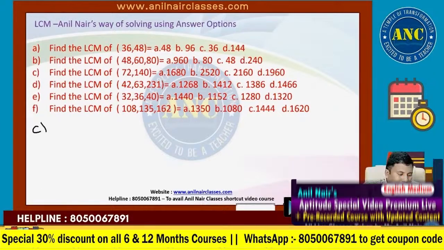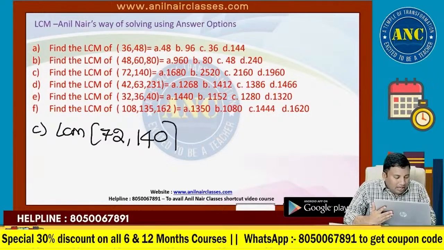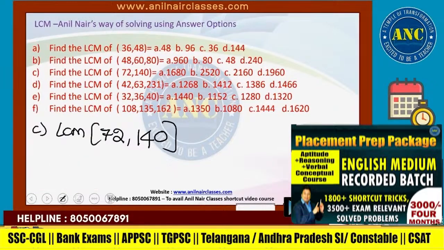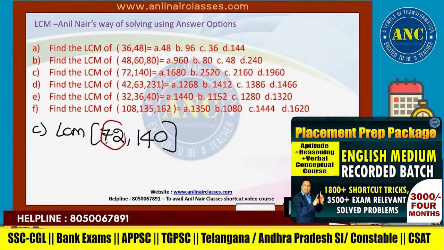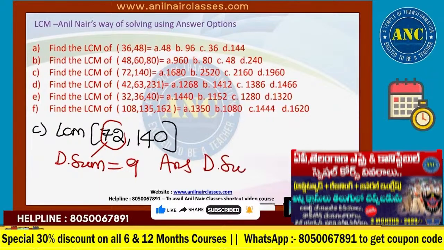Third one. LCM of 72, 140. Listen carefully. 72, digital sum is 9. Answer digital sum should be 9.